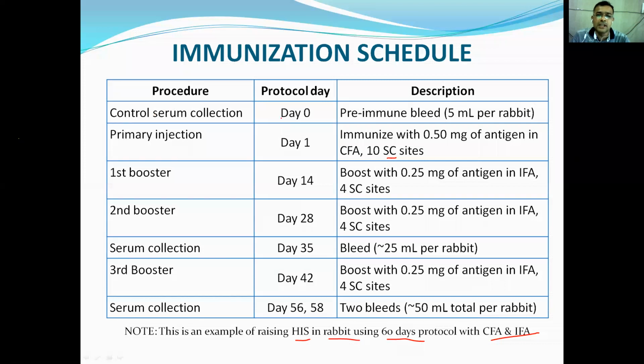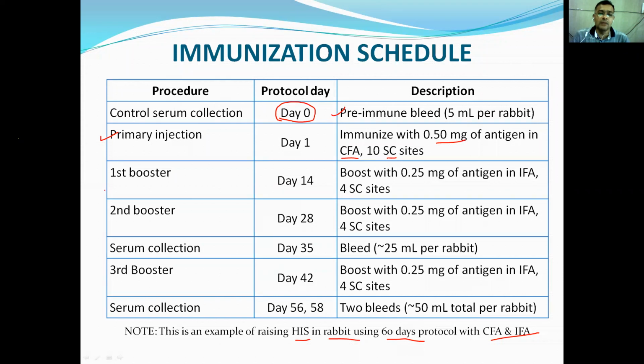The first day is considered as day 0, and here we collect the pre-immune bleed. The pre-immune bleed will tell us about the antibody concentration on day 0. Once you collect your pre-immune bleed, then you go for the primary injection. The primary injection is generally with a higher antigen dose, given with complete Freund's adjuvant.